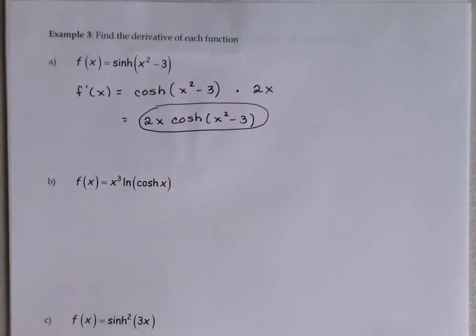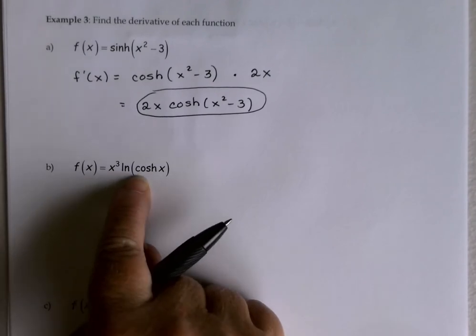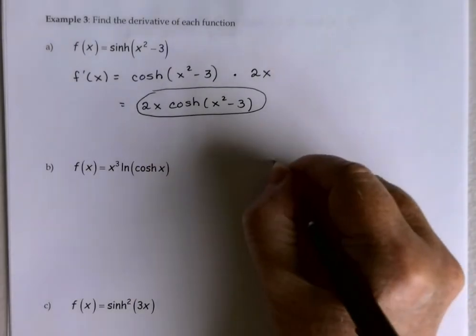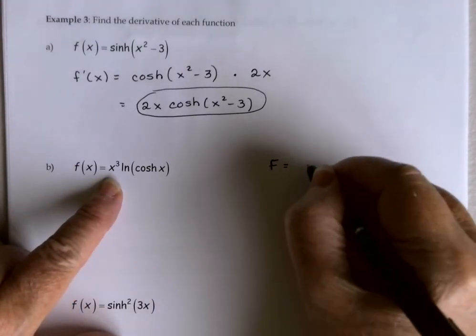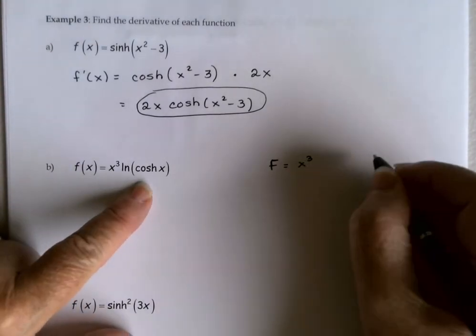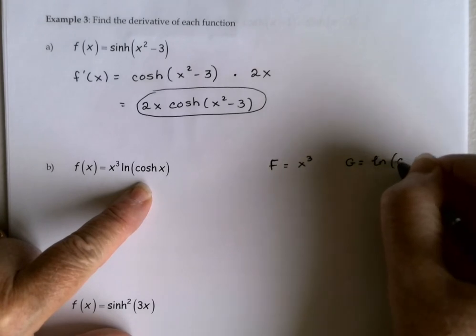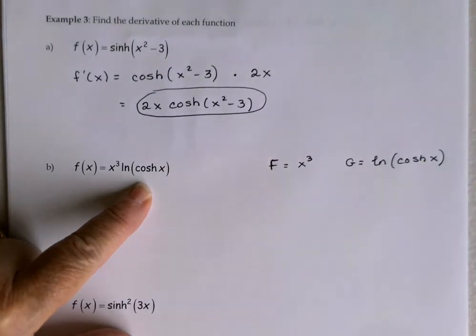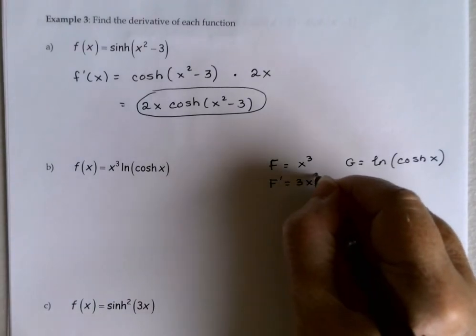All right, in B, we have x cubed times natural log of cosh x. This is going to be a product rule. So I'm going to set this up with the f is x cubed, and the g is natural log of cosh x. F prime would be 3x squared.